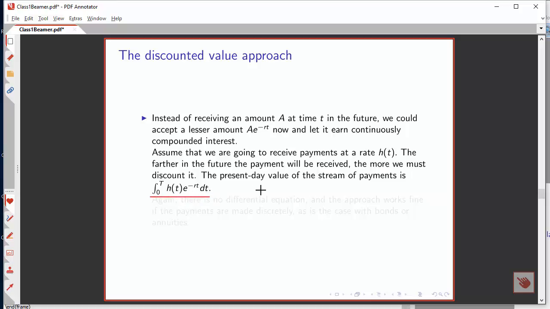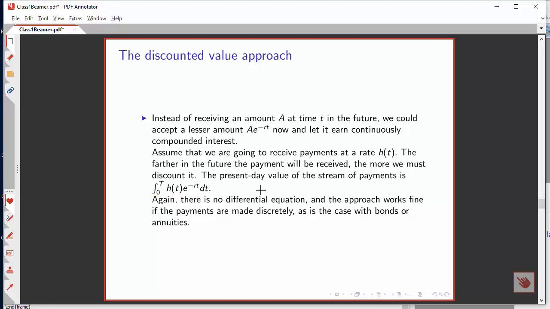If someone is proposing to pay us in the future at the rate h of t, we merely discount each of these deposits by the factor e to the minus rt, integrate from 0 to capital T, and this gives us the present day value of the future payments. As you'll see when we start working problems, this approach will work fine even if the payments are made discretely, and that's what happens typically with bonds, which will pay you a certain amount, say, once a year, or with annuities.